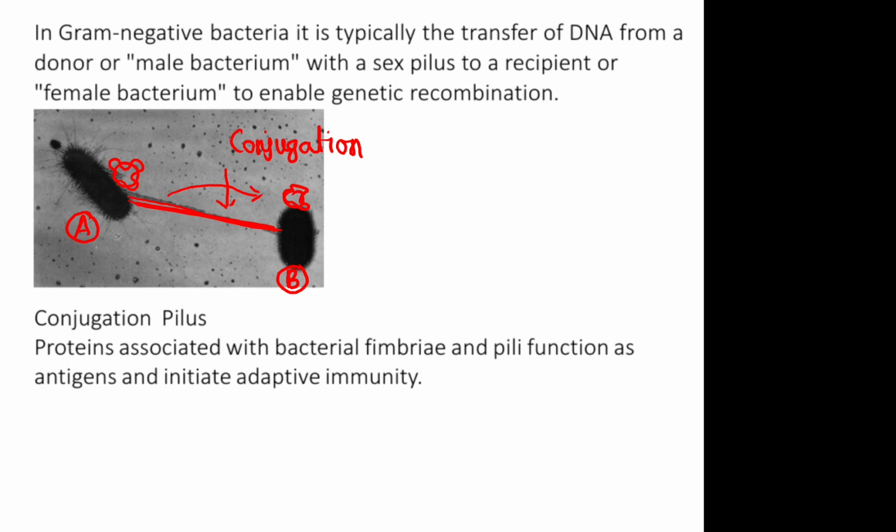This process is called conjugation. The transfer of genetic material via the conjugation tube is called conjugation, and this tube is formed by F pili.